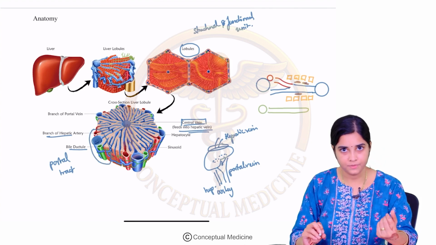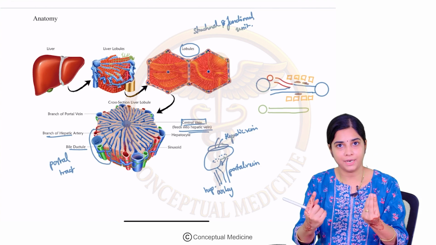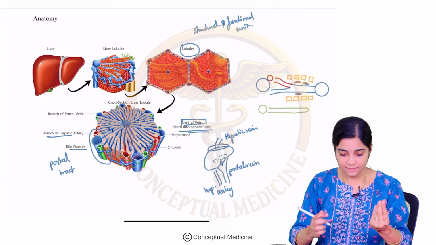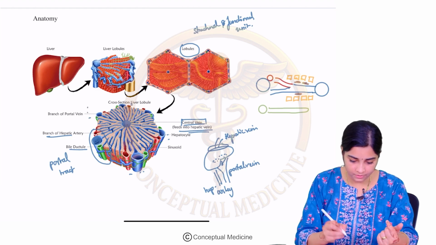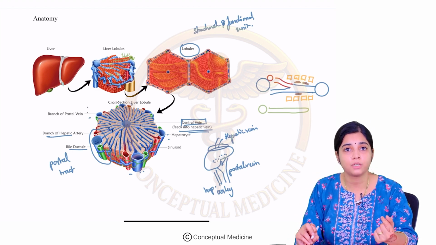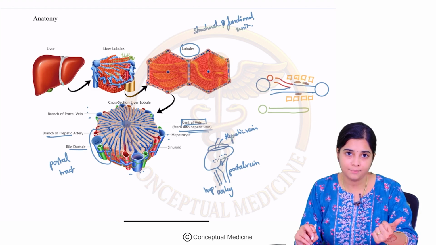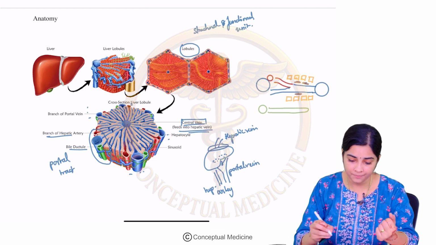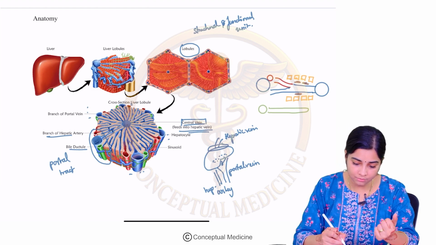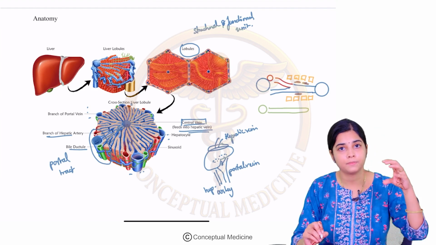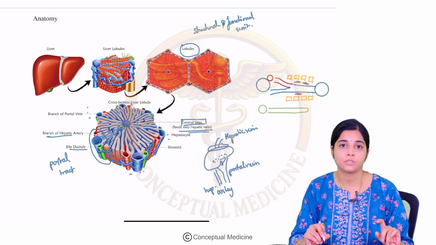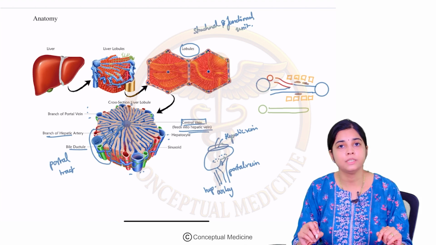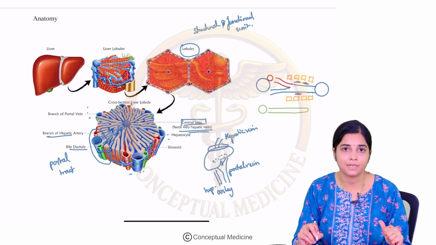These come together here and similarly in all 6 corners. The hepatocytes are arranged in this pattern, and blood drains through channels called the sinusoids into the central vein, which drains into the hepatic vein.